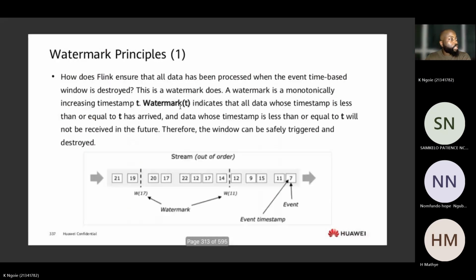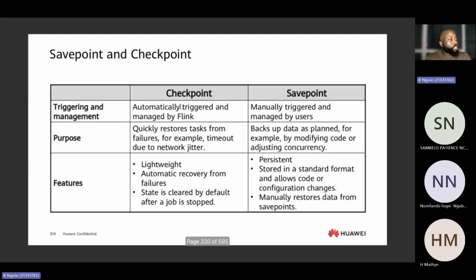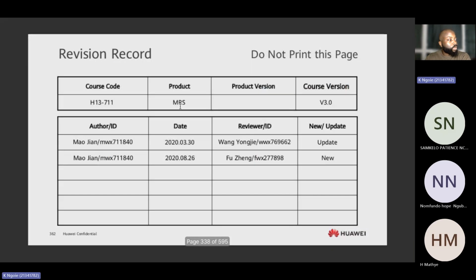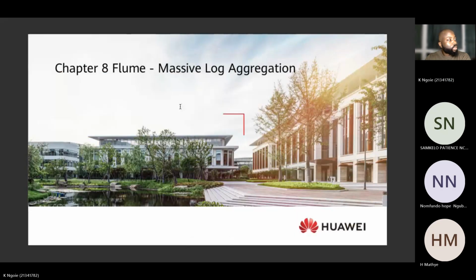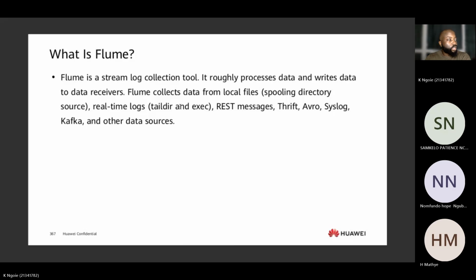I think that was the last section we did.